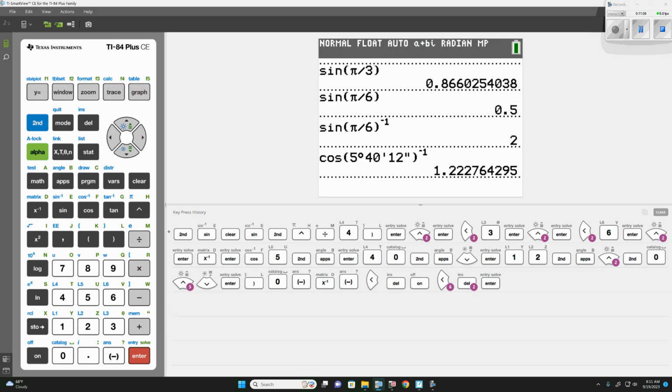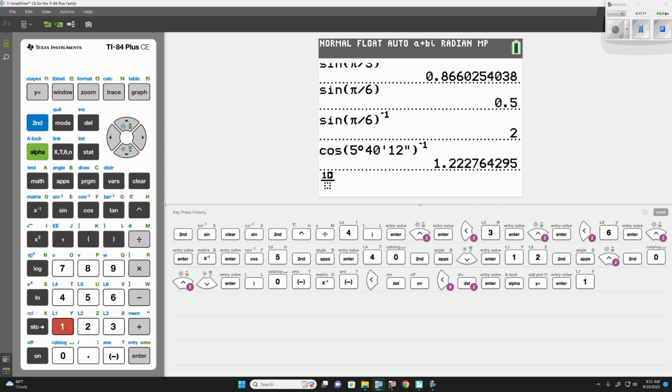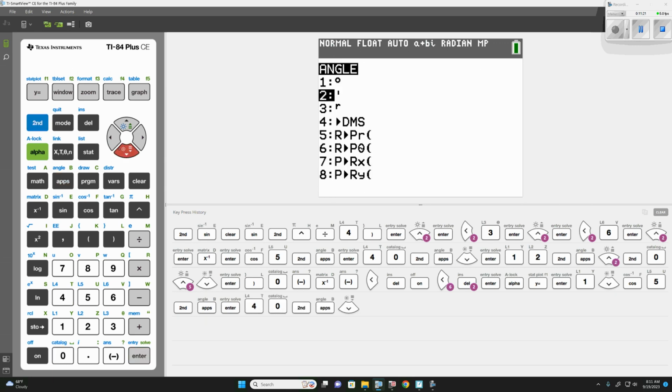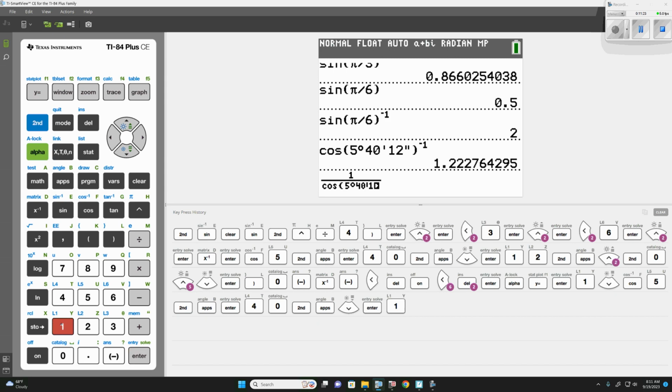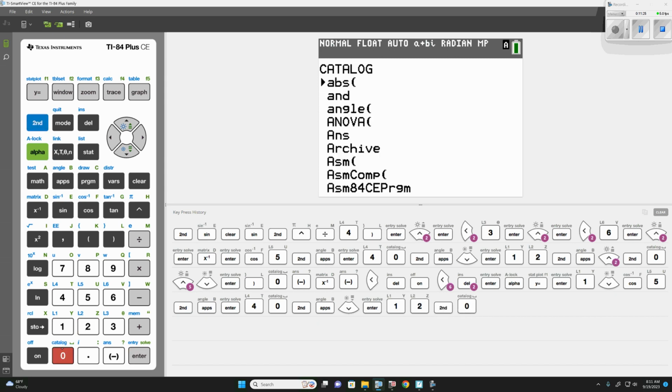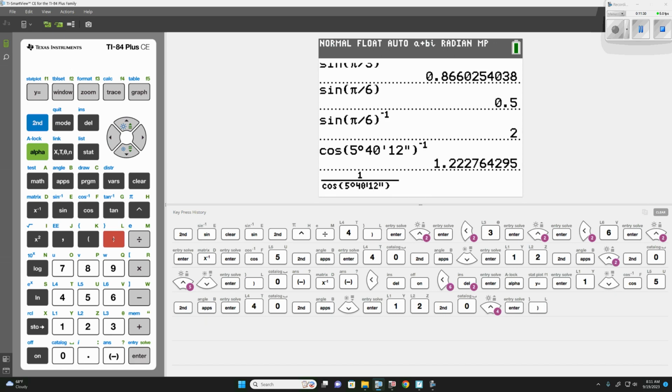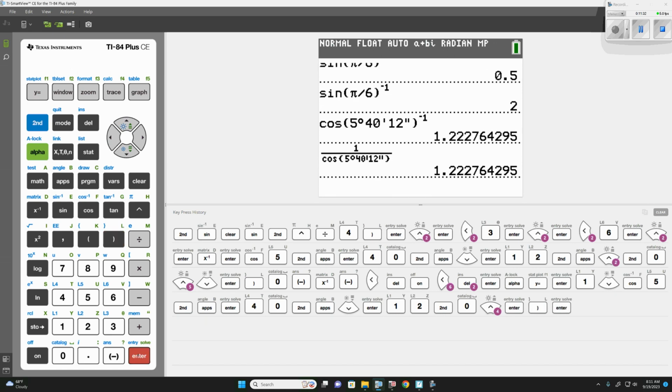Now we could have done alpha y equals, enter 1 over cosine 5 degrees 40 minutes 12 seconds, and we see that we do get the exact same thing. Questions on this here?